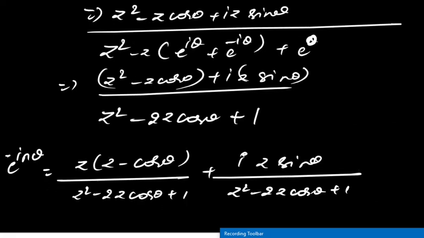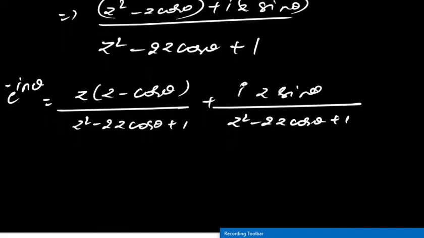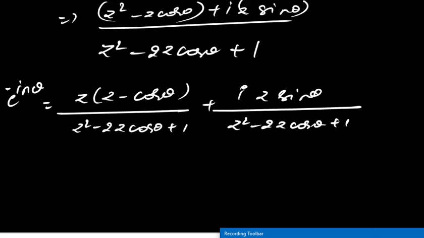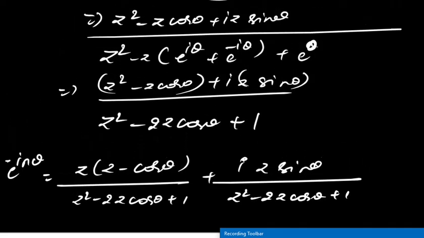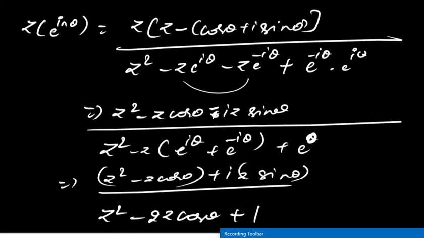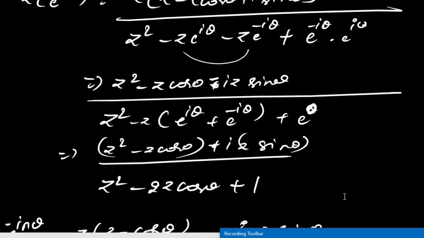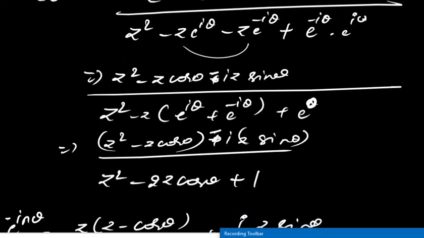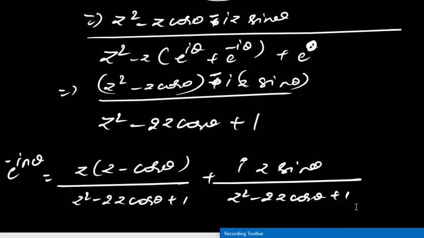So we can take the real and imaginary part, right? So the real part is the first term and imaginary part will be the second term. So here we have just left one negative term because I have opened up the bracket, so it is minus iz, and similarly here also we have minus iz, right?